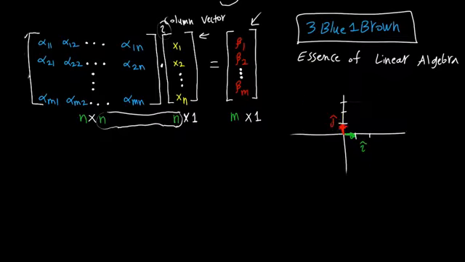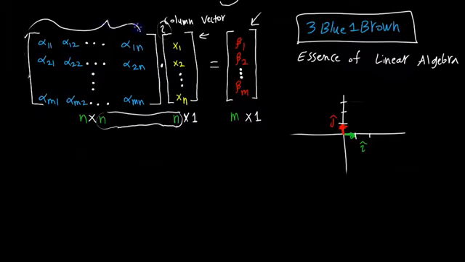So now let's think about what matrix multiplication or linear transformations mean in this context. What would they be doing? How do they relate to these basis vectors? So the basic idea is that if I have some matrix, let's first name these.